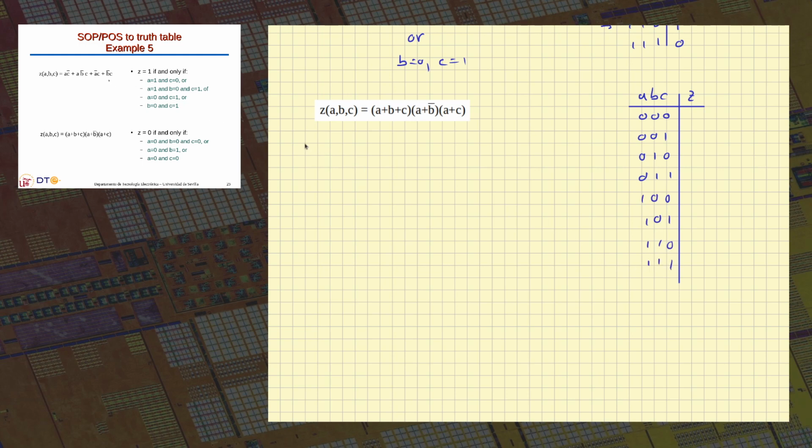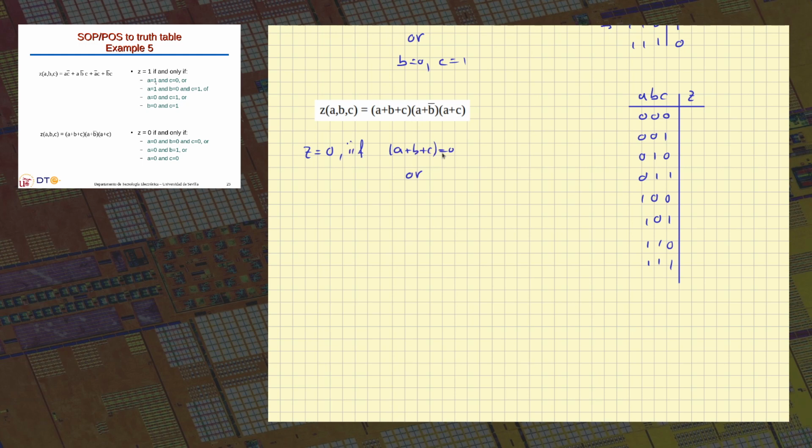Okay, and now I can say that Z will be 0 if and only if any of these terms is 0. I mean, either A plus B plus C is equal to 0, or etc.